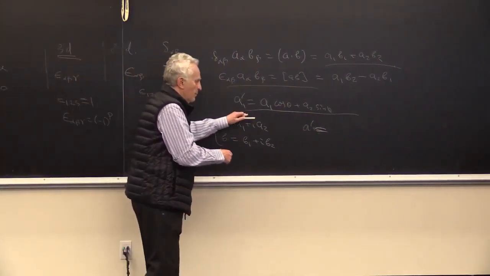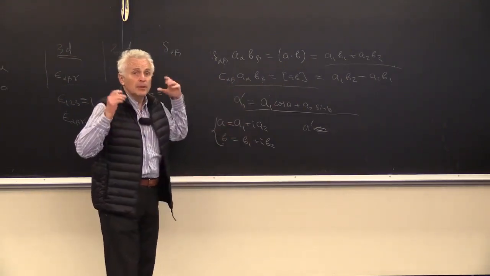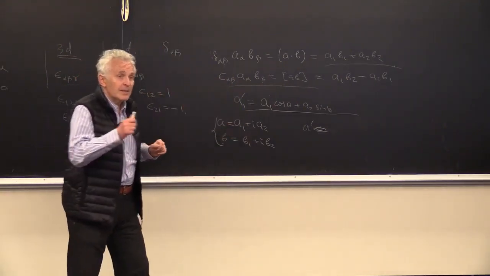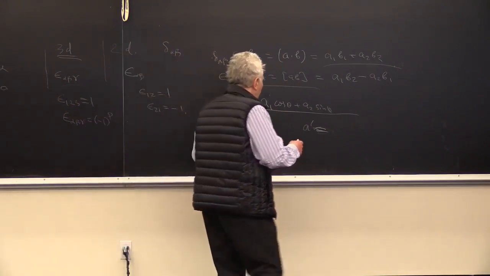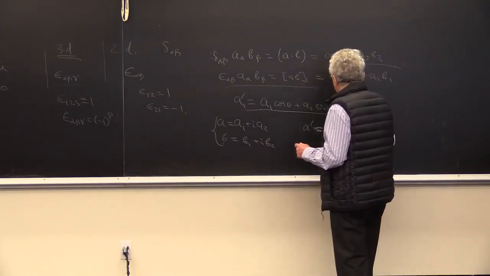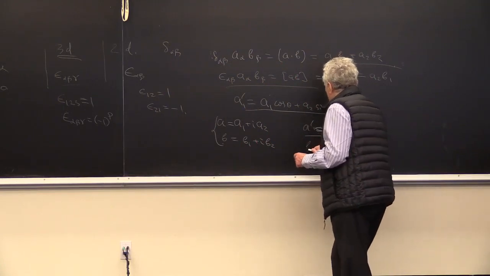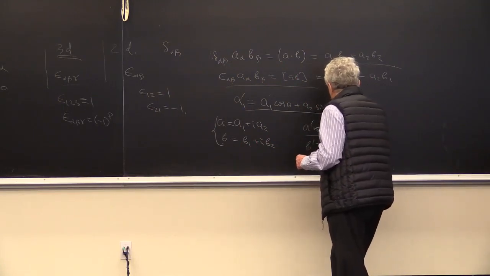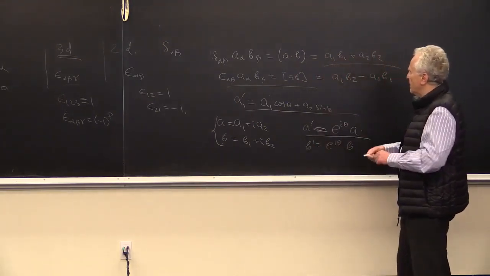You will write down the corresponding formula for A2 prime and so on, but you can figure it out. Yeah, it's just the multiplication by A, and correspondingly B prime. This is rotation in complex coordinates.